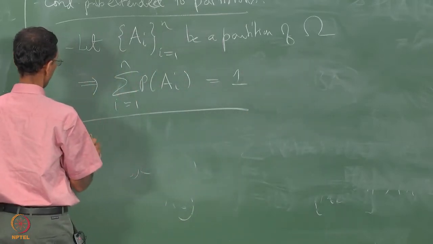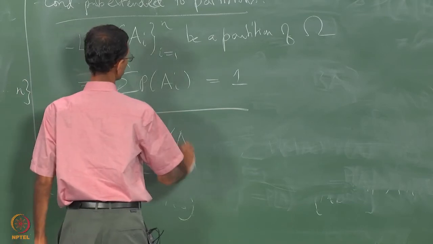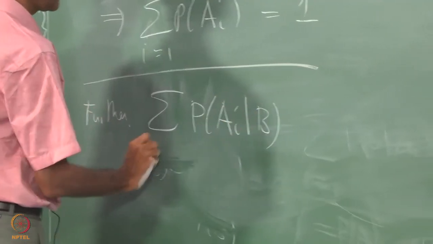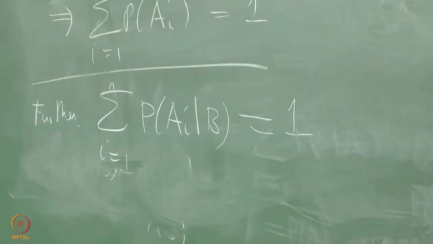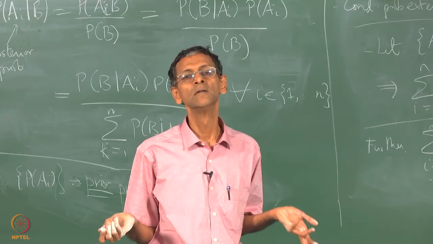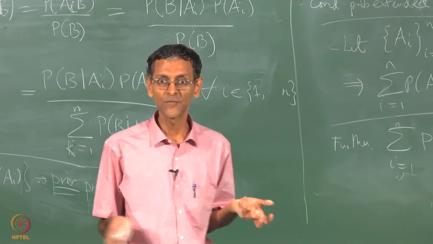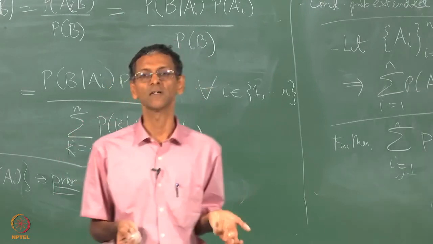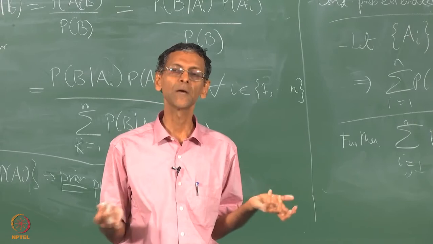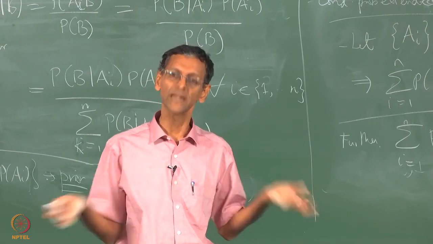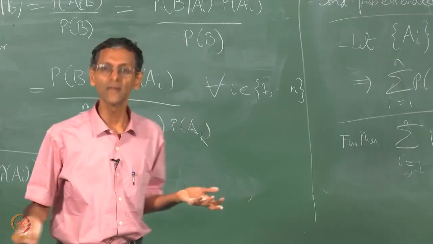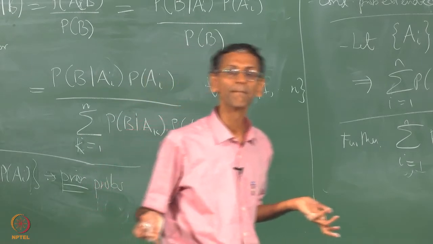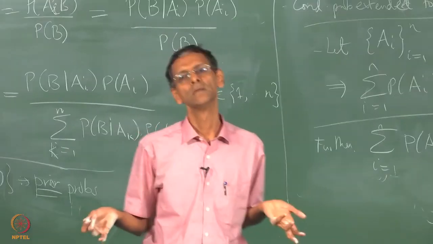Further, this is also equal to 1, which is what you expect anyway. Given that B has occurred, one of the A_i must have occurred, because A_i is a partition of omega. In any run of the experiment, one of the A_i occurs, and that does not change whether you observe B or not. So this is like a sanity check on this whole enterprise.